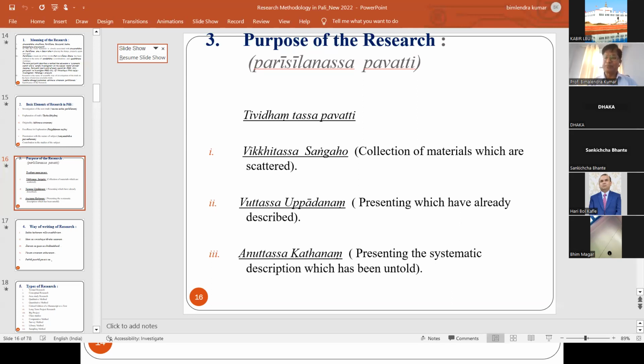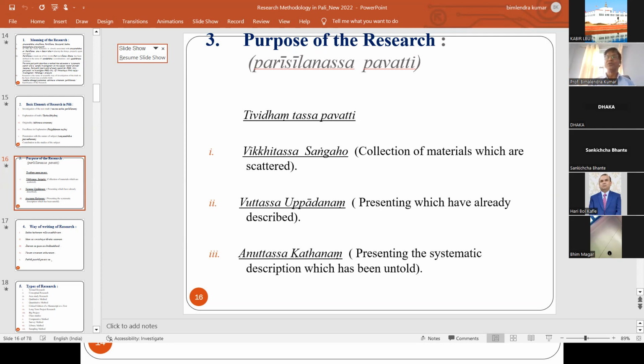Then the second purpose of the researcher or any research topic is how you are presenting in a very lucid manner, how you are making a literature review of the scholars who have already written on those subjects.